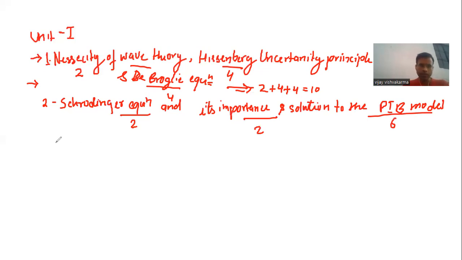Now the third question. Here I focus on taking questions that are easy as well as important from the exam perspective. Here I am skipping the Schrodinger equation solution for hydrogen atom.